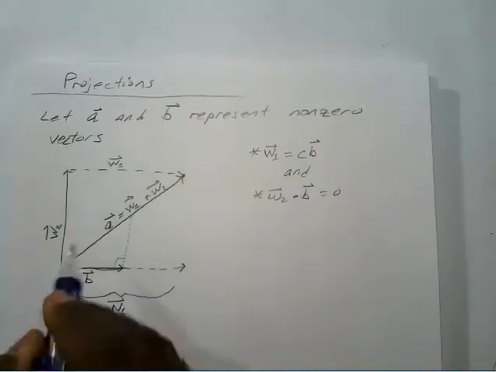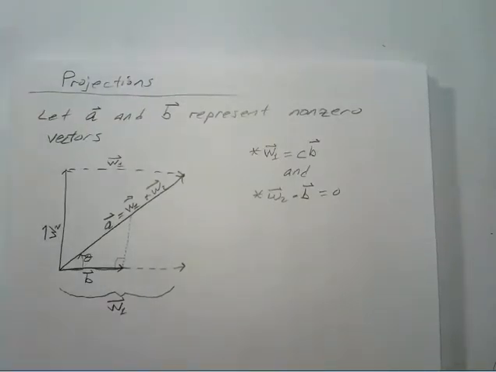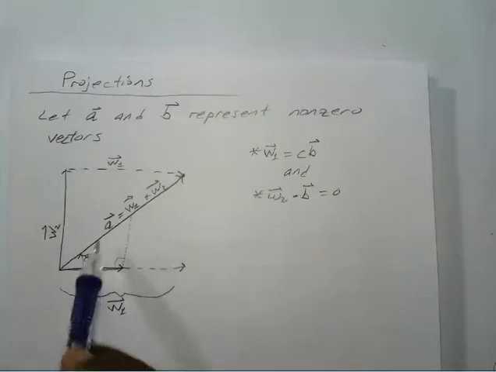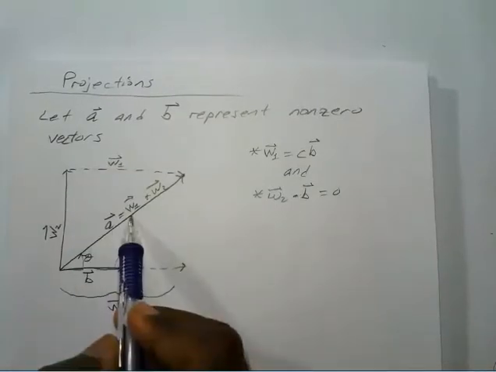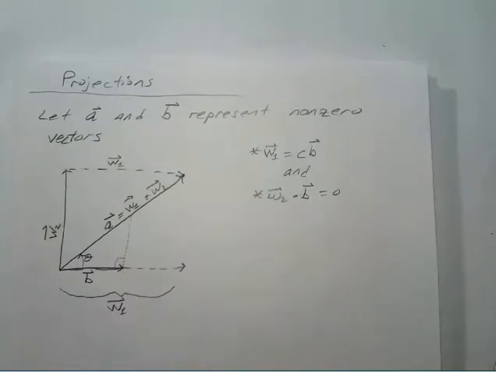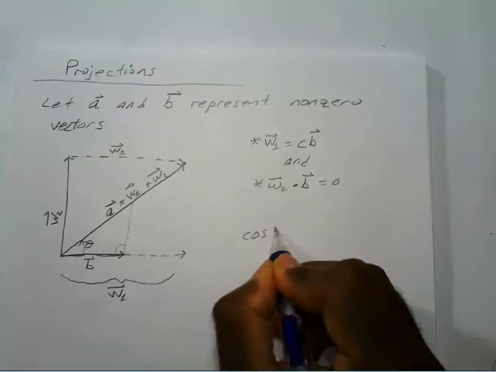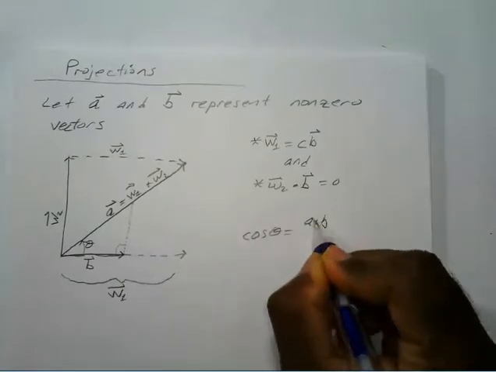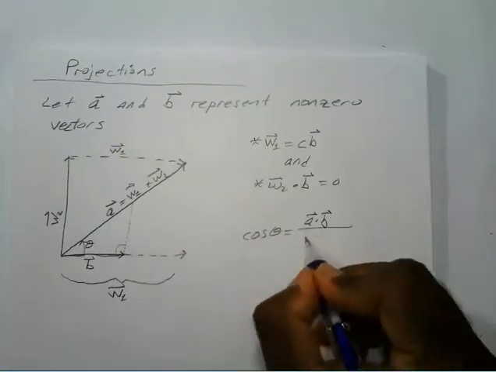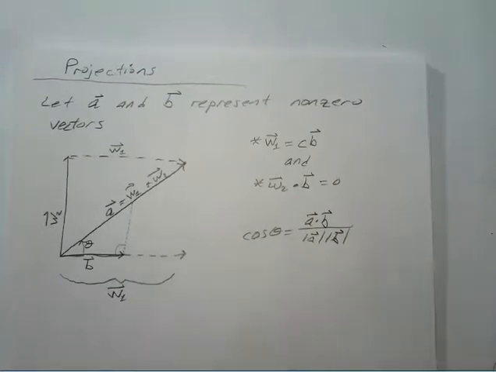If this is some theta, how far up vector A will we have to go right over vector B? So if we start off with cosine of theta equals the dot product of A and B over the magnitude of A times the magnitude of B. Okay, so just starting there.